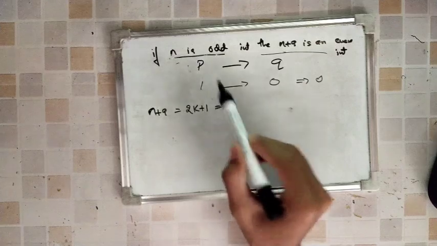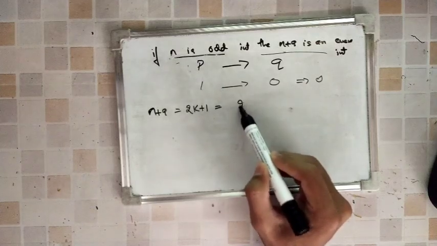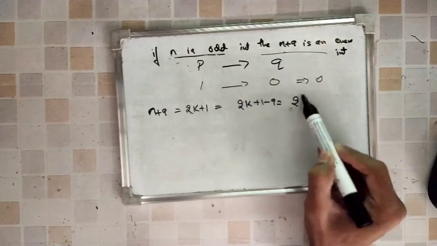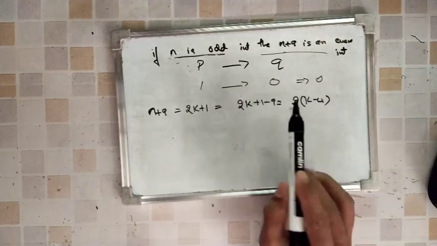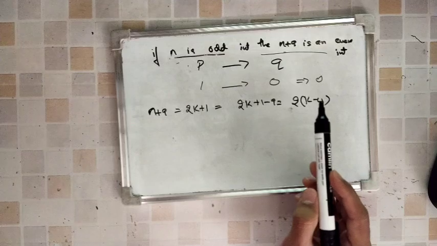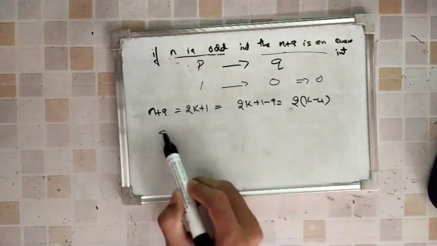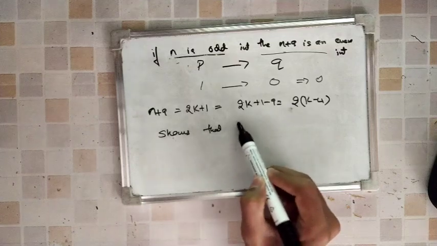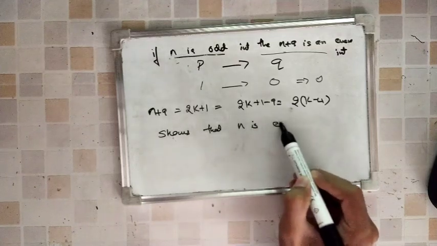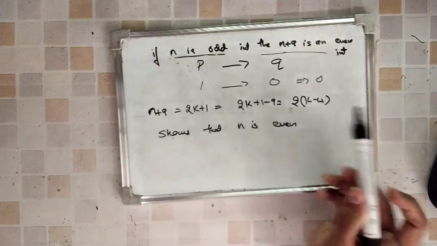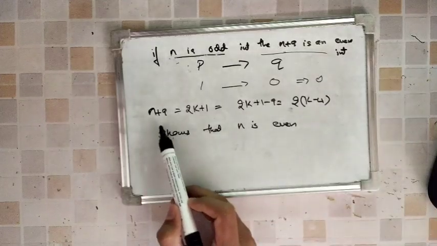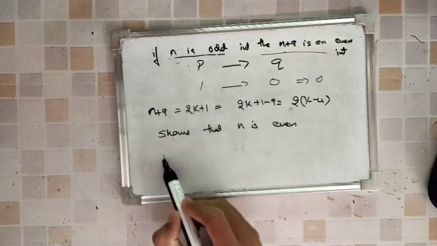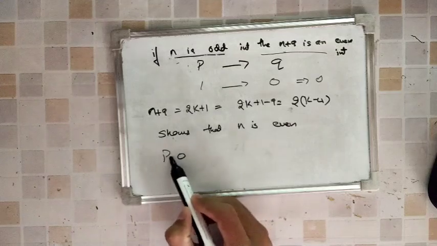I will write the same way: n equals 2k plus 1 minus 9, which is 2 common k minus 4, which shows that n is even. Now what can I say? When I assumed n plus 9 as odd, I am getting n as even, which means my p is 0.